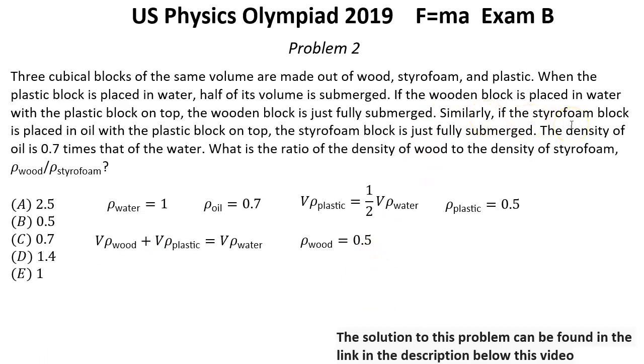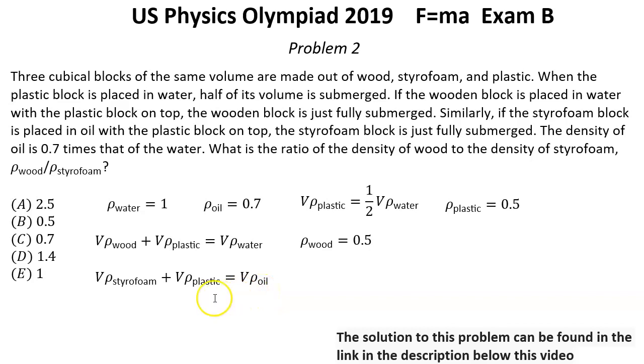If the styrofoam block is placed in oil with the plastic block on top, the styrofoam block is just fully submerged. We can write the equation: volume V multiplied by rho styrofoam plus volume V multiplied by rho plastic equals volume V multiplied by rho oil.